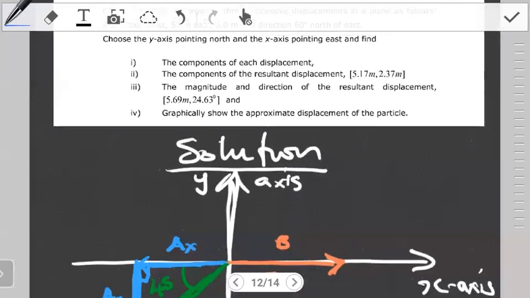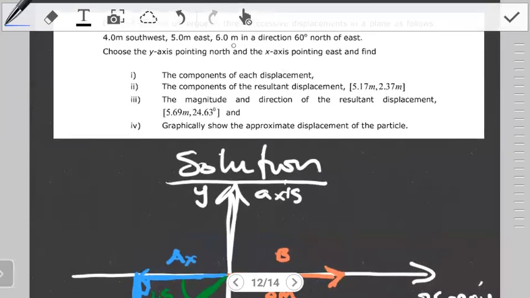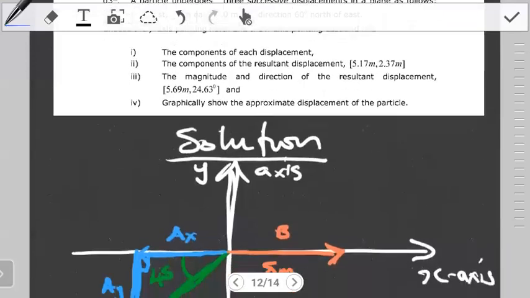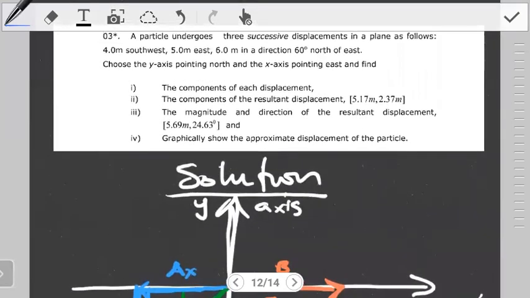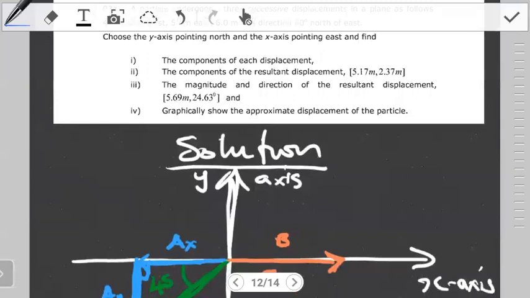So the vector, vector C is 60 degrees north of east. The magnitude is 6 meters. So north of east, we are along the eastern line, which is this line. So from the eastern line, we want to measure 60 degrees. So we want to measure 60 degrees from the eastern line going towards the north.